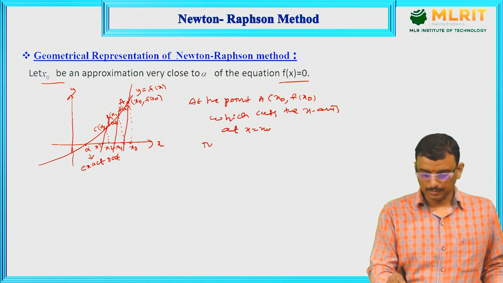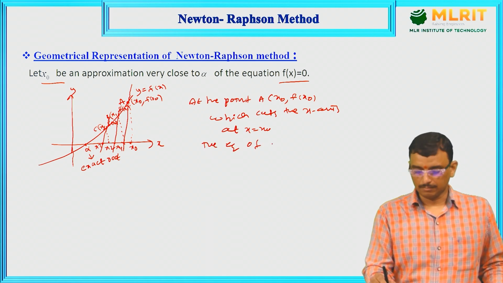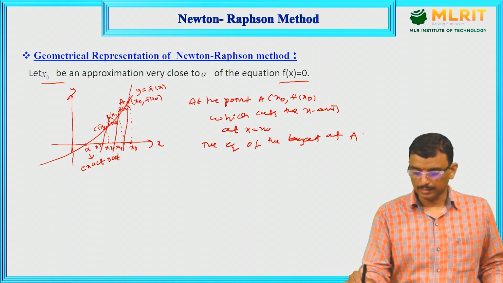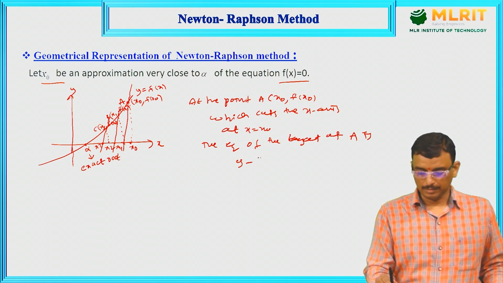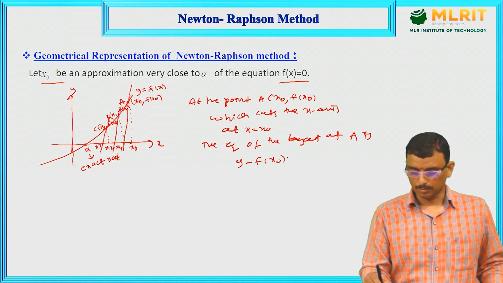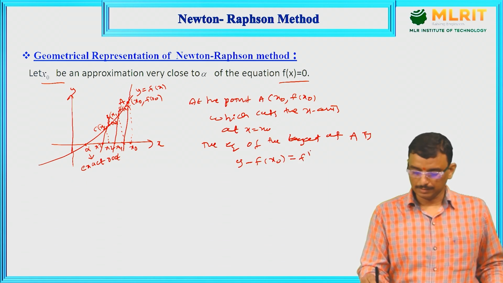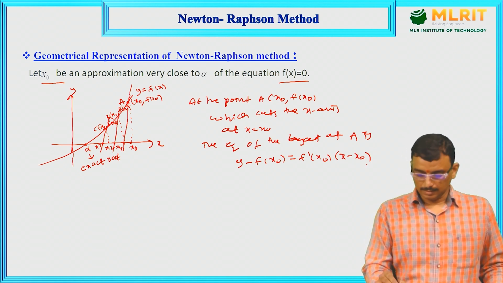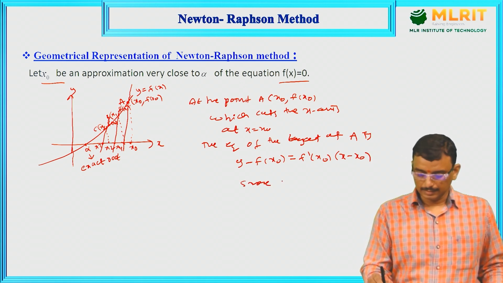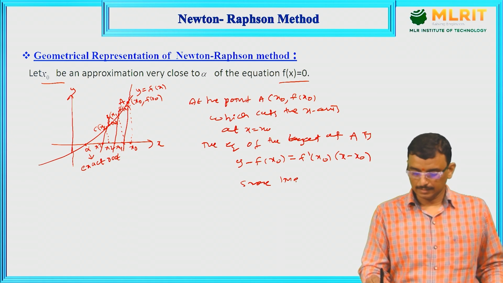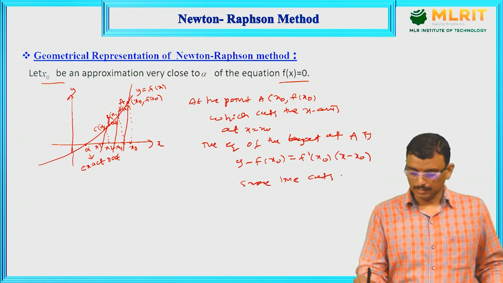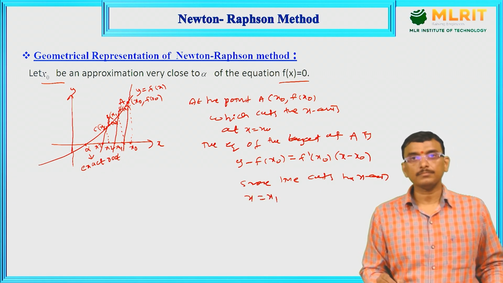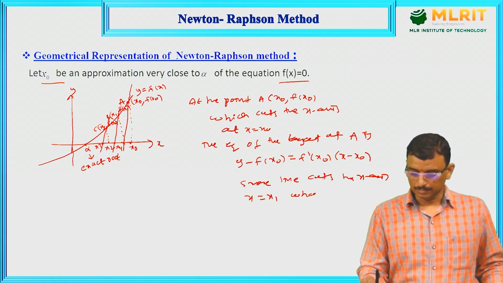So the equation of the tangent at x naught at the point A is y minus y1, that is f of x naught, is equal to slope f dash of x naught into x minus x naught. So since the tangent cuts the x-axis at x is equal to x1 when y is equal to 0.